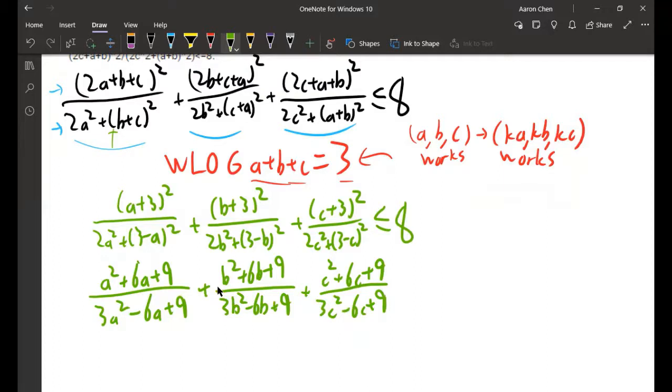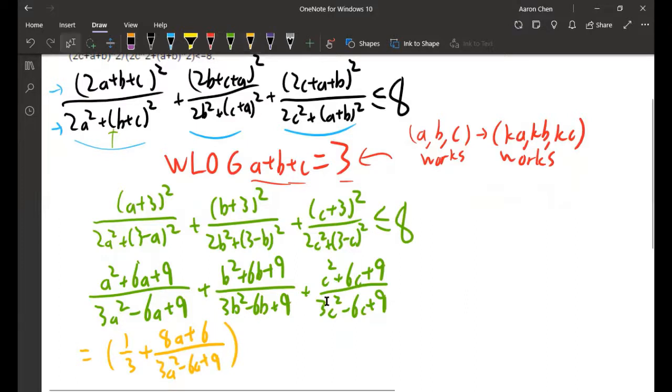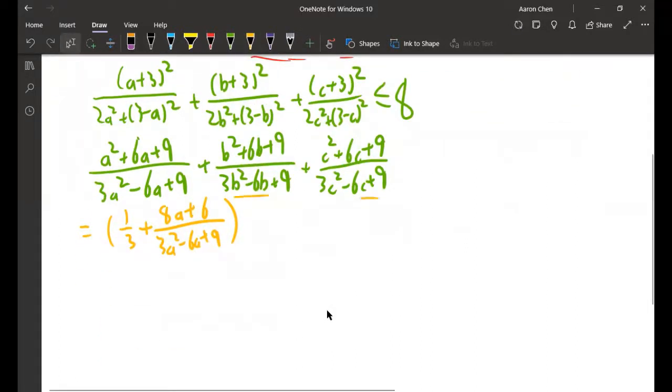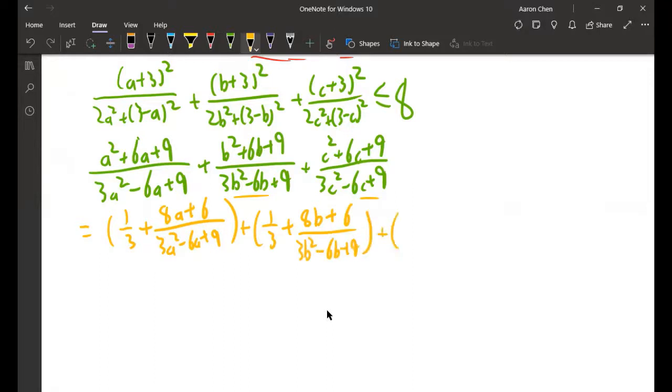We can further simplify the first term into 1/3 plus (8a plus 6) divided by (3a squared minus 6a plus 9). The same applies to the other two terms, so those equal 1/3 plus (8b plus 6) divided by (3b squared minus 6b plus 9), plus 1/3 plus (8c plus 6) divided by (3c squared minus 6c plus 9).